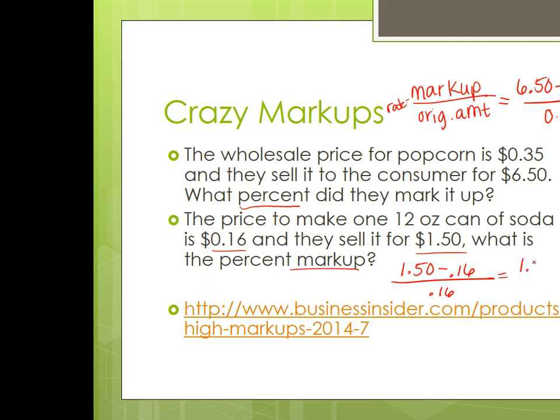So you get 134 divided by 16 cents. And that is going to be 8.375. And then you need to convert it to a percent. So move the decimal over twice. So 837.5%. It's been marked up.